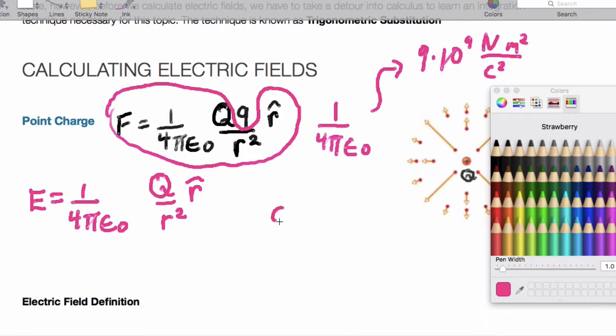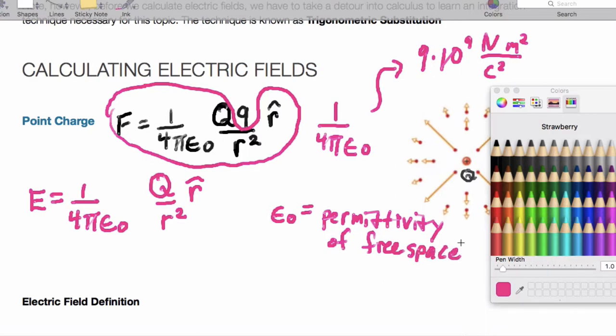And this number epsilon naught is called the permittivity of free space. It's actually related to the speed of light. We'll learn that later on. And I believe, I'm going to double check, I believe the value is 8.85 times 10 to the negative 12th, but I'm just going to verify that.